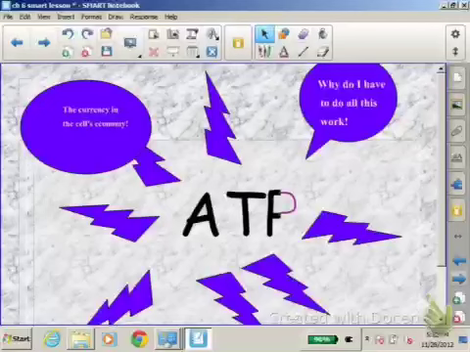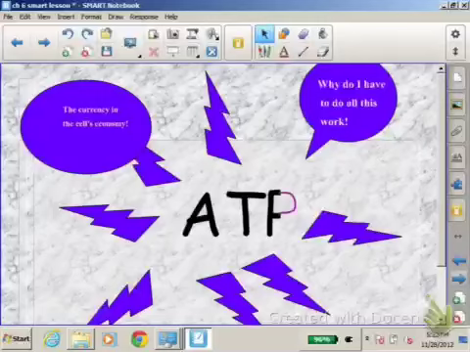Moving on, let's talk about ATP. When I think of ATP, I remember a few of you didn't know exactly what that meant at the beginning of the semester, but ATP is just energy.